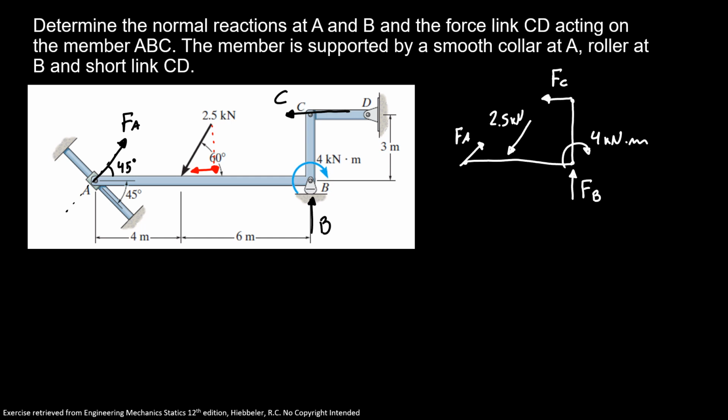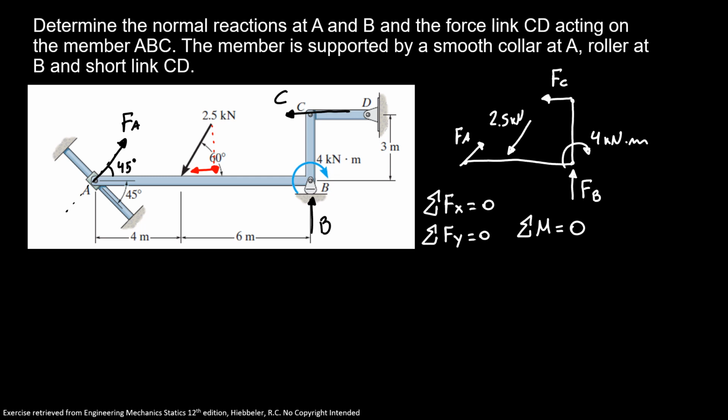Now we have our equations of equilibrium. The sum of forces in X is equal to 0, the sum of forces in Y is 0, and the sum of moments is equal to 0.